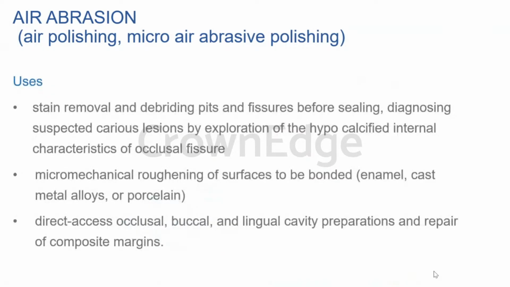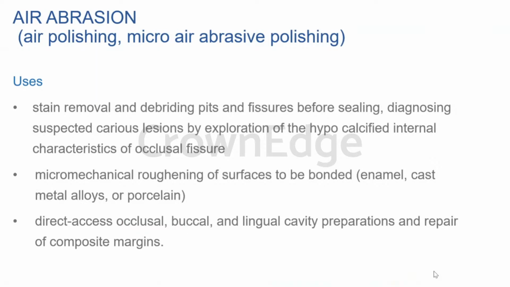As I said, the uses include stain removal. It also helps in debriding the pits and fissures before sealing them. We can also diagnose suspected decay, like incipient carious lesions, which are just about to start off. You can explore subsurface caries using air abrasion.